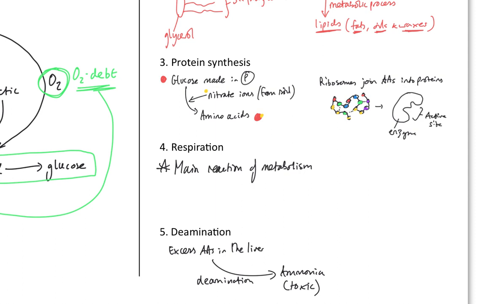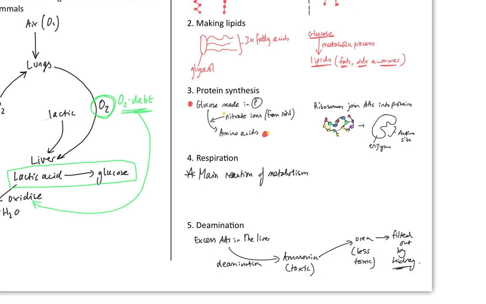Same as the title above, but never mind. And then we just convert this into a safer product called urea. It's less toxic, but still toxic. And that gets filtered out by the kidney.